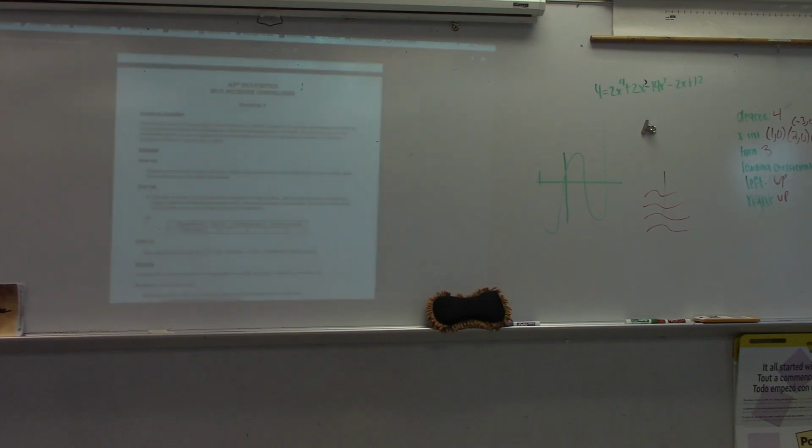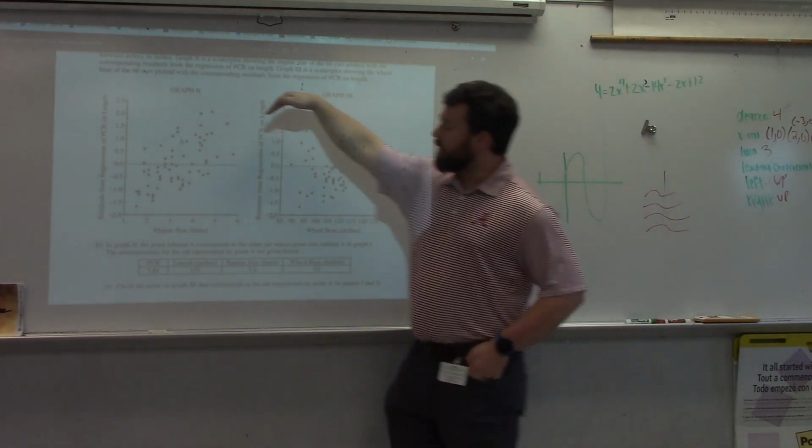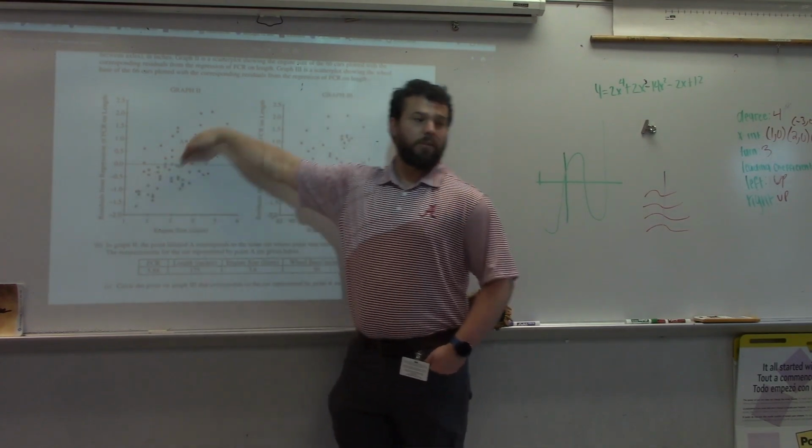What threw me off is with the plots, the data points that were in a curve right there. You're talking about in this graph? Yeah, right here. But remember, this is not a scatter plot. This is a residual plot. If this was a scatter plot, this is definitely more linear.